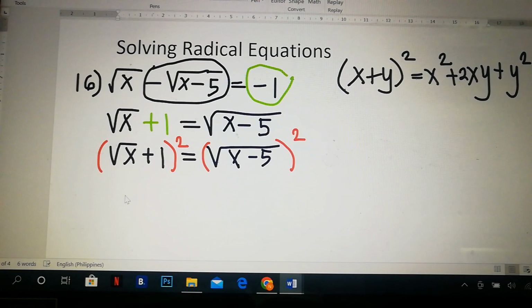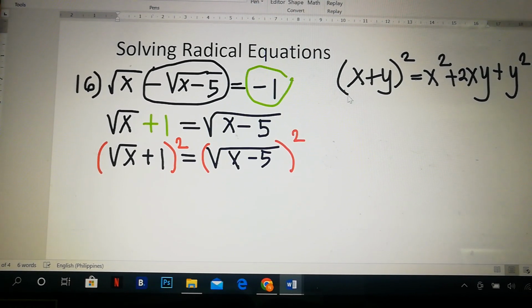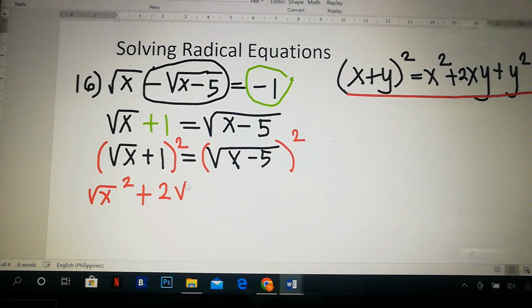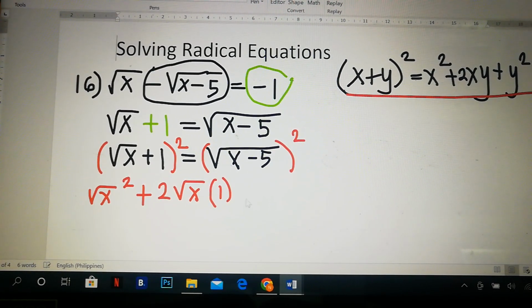Since this is a binomial, you will apply squaring a binomial. We square the first term, so square root of x squared, plus twice the first term, which is square root of x, times the second term, which is 1, plus the square of the second term, which is 1 squared.